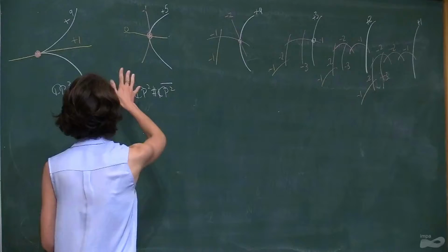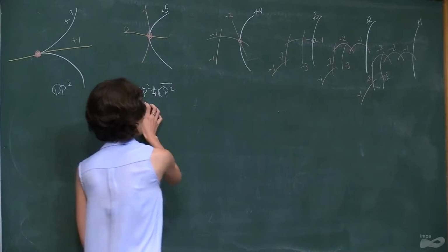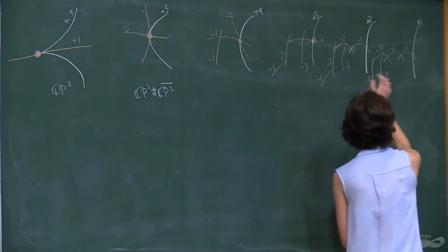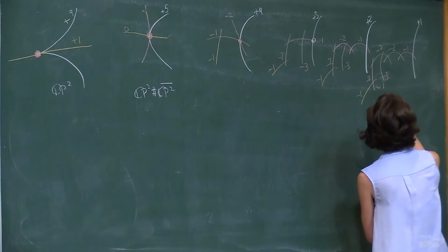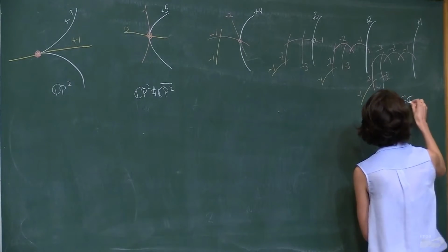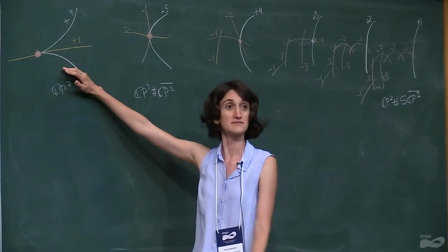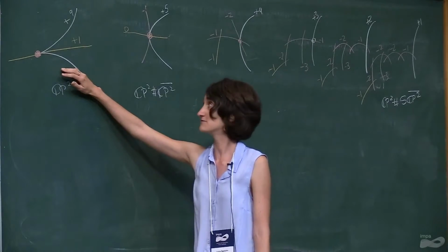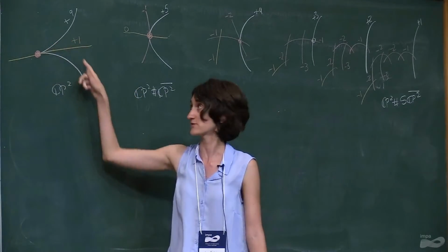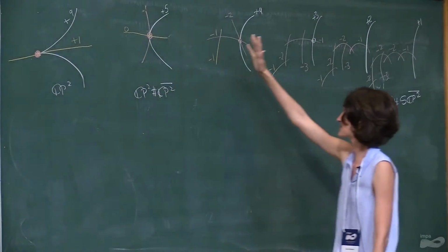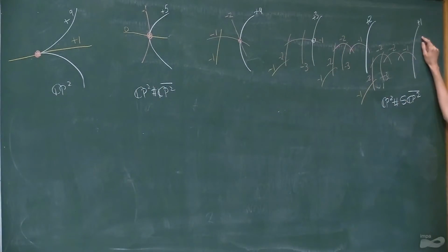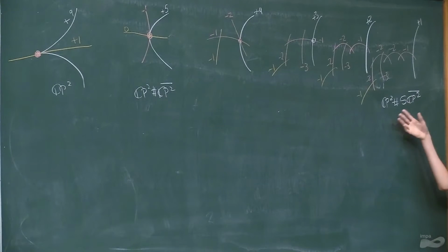Now I've blown up a bunch of times. I got to CP2 blown up once, twice, 3 times, 4 times, 5 times. The thing I've gained is I went from having my cuspidal curve of degree 3, self-intersection 3 squared, which was 9, and now it's become this nice, smooth +1 sphere, which would be a line if I were just in CP2. But I'm not in CP2, I'm in CP2 blown up 5 times.